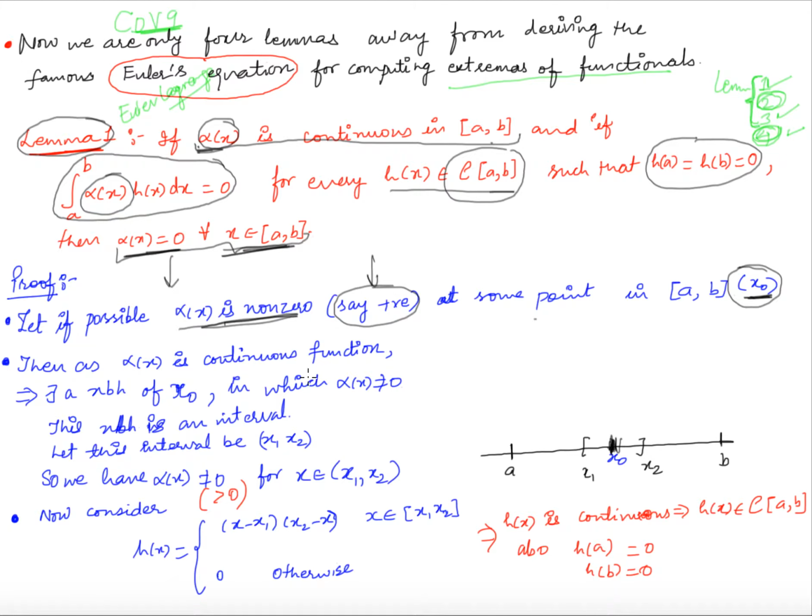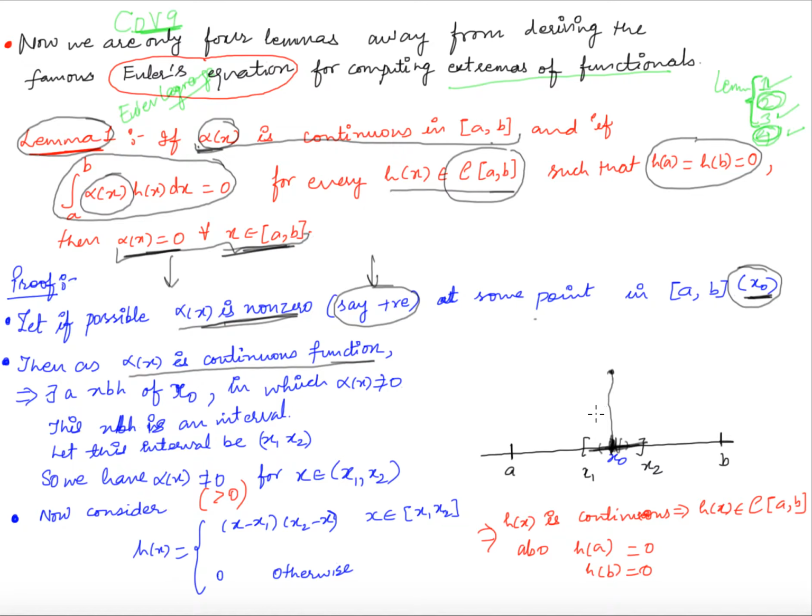Now because alpha x is continuous, it cannot happen that at x naught the function is positive and then suddenly it is 0 in the neighborhood of x naught. So there exists a small neighborhood around x naught in which the function will stay positive, because that is a requirement for continuity.